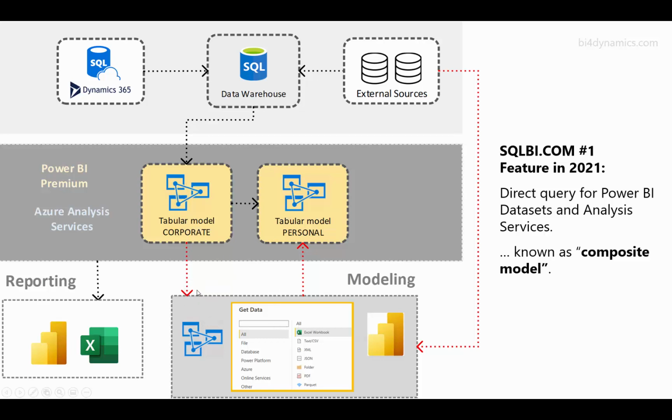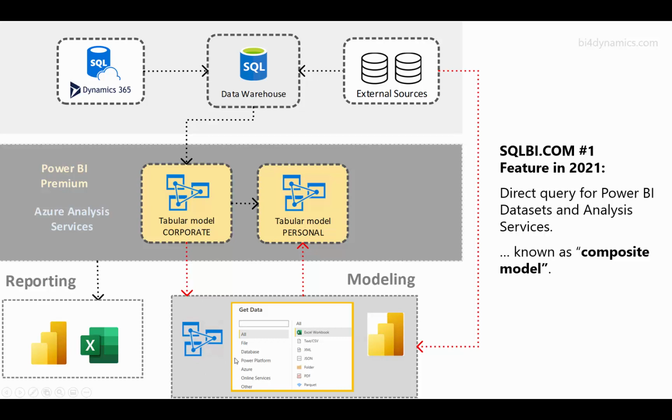How does it happen? We open Power BI Desktop and we connect to the corporate model in DirectQuery, not in live but in DirectQuery mode, and it makes available all tables from the corporate model in our Power BI Desktop file or Power BI Desktop model.